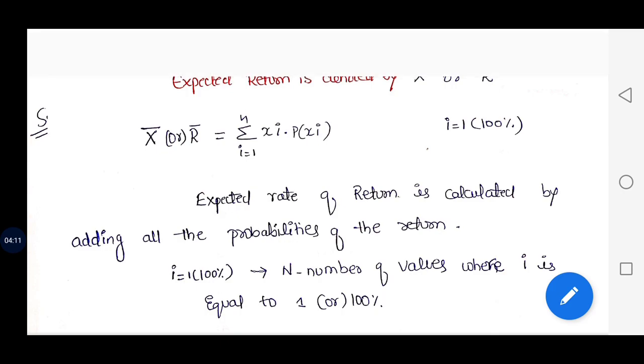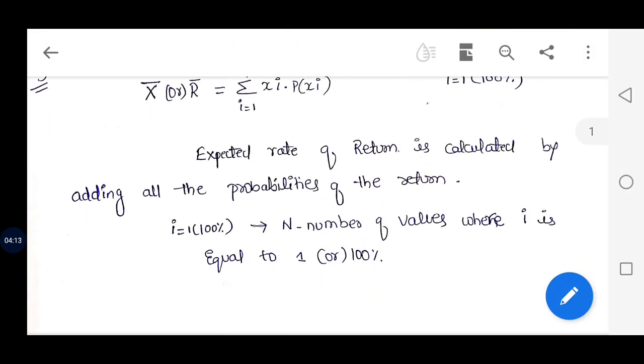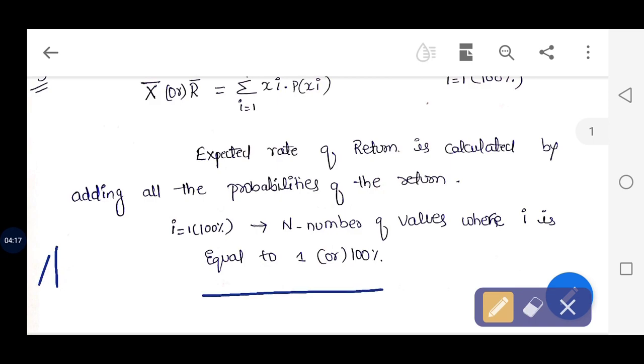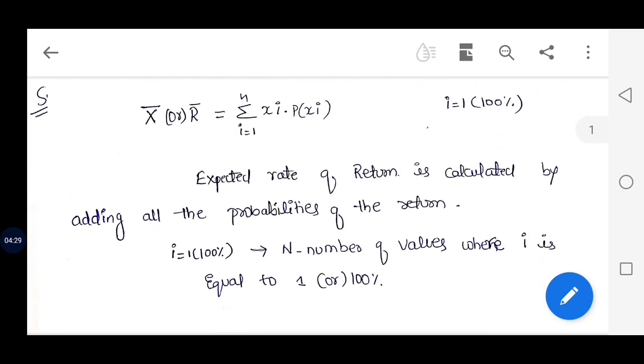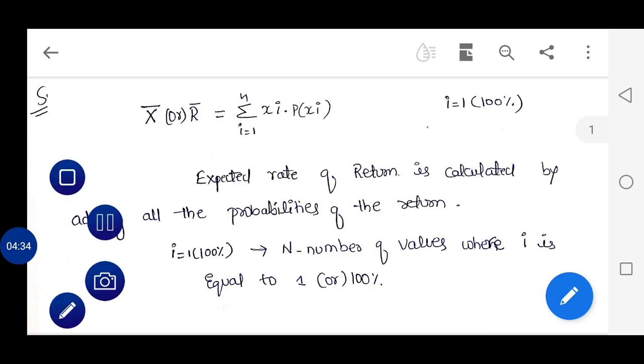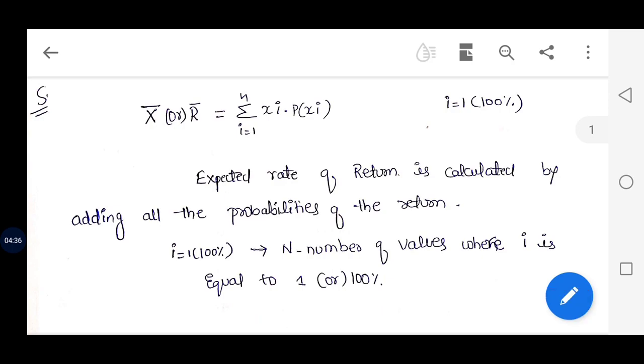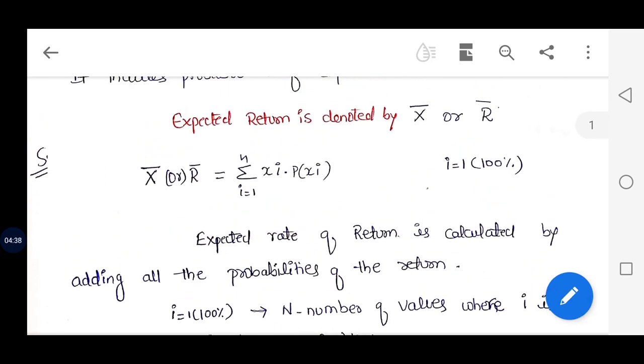For every investment you are doing, all the investments you can add in the expected returns. So this is the formula, that is xi into pxi.